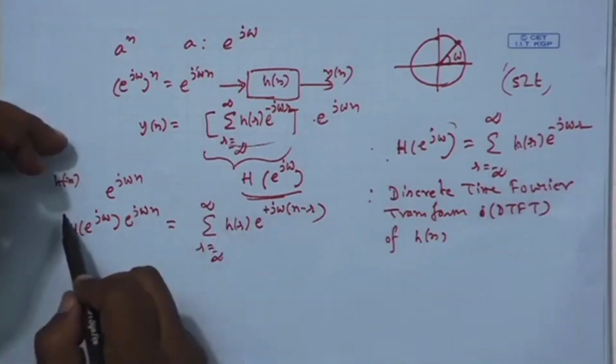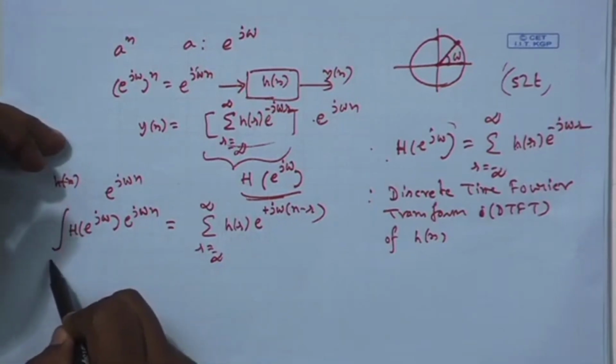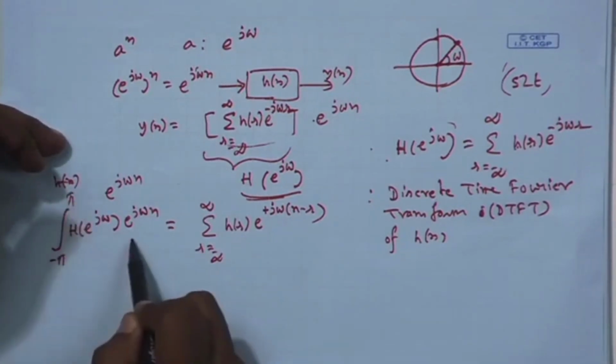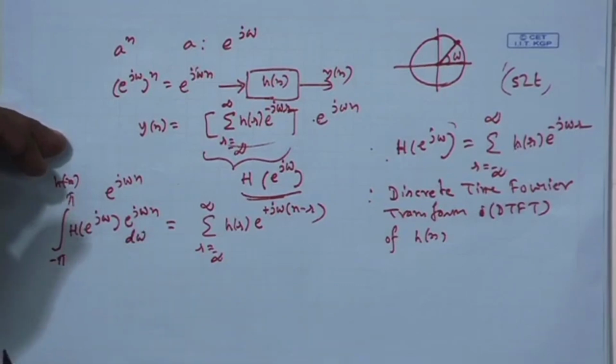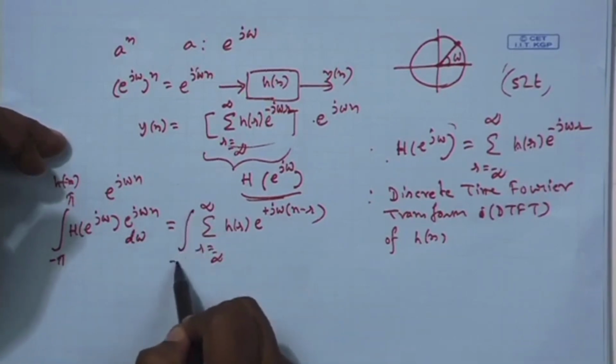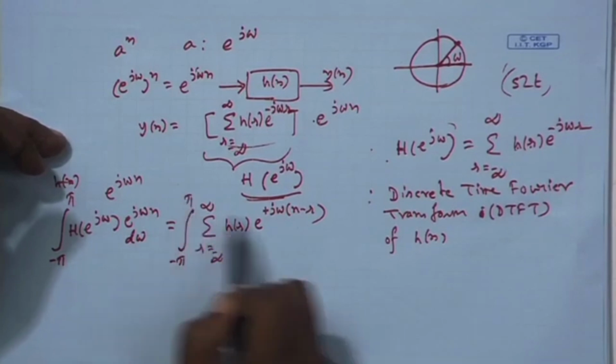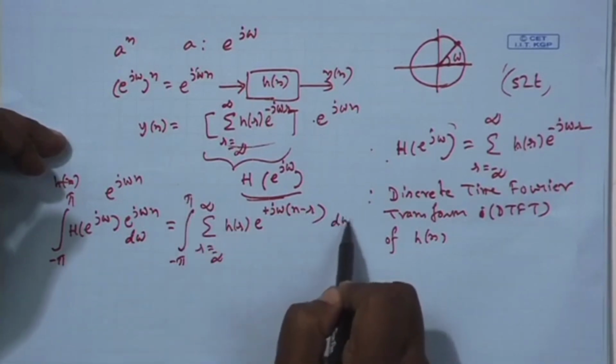No problem. Then suppose I integrate this over a period, minus pi to pi, with respect to omega. So here also I have to carry out an integral, and this is a function of omega over omega.